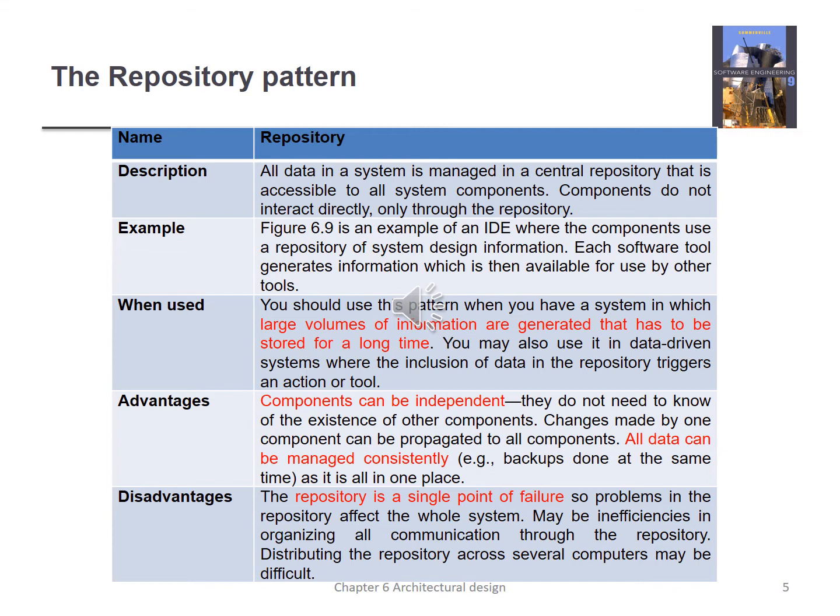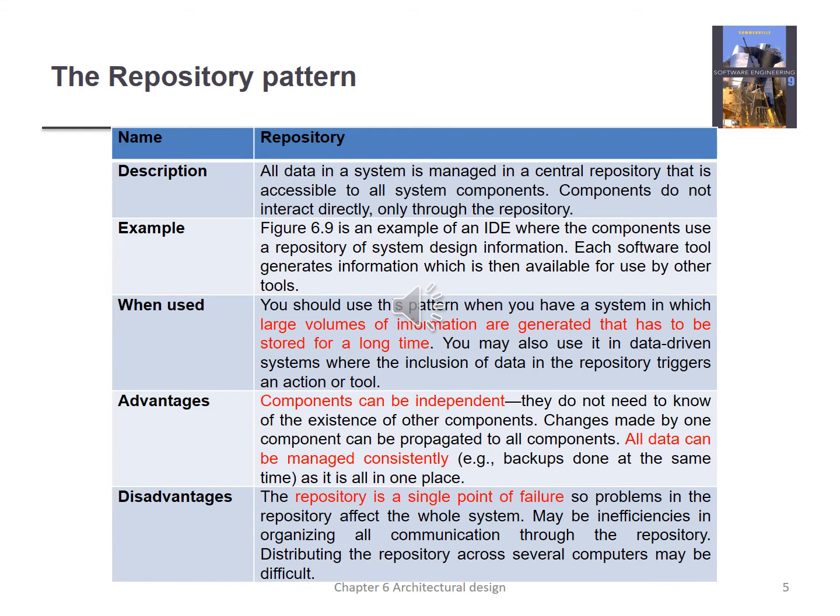As we said earlier, when you have a system in which a large volume of information is generated that has to be stored for a long time. You may also use it in a data-driven system when the inclusion of data in the repository triggers an action or a tool.